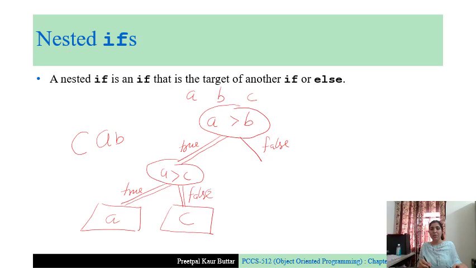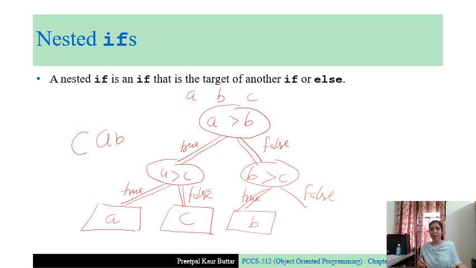But what happens when A is not greater than B? That is, this condition is false. This means B is greater than A. Now we want to compare B with C, right? So B greater than C can be true or it can be false. If we are moving along this path, that is, B is greater than A and B is greater than C, then it means B is greatest, right?